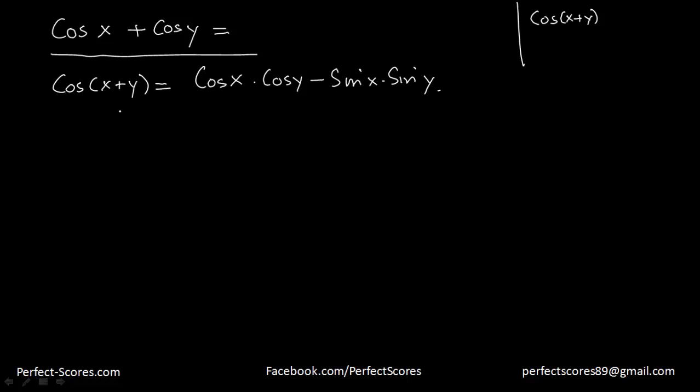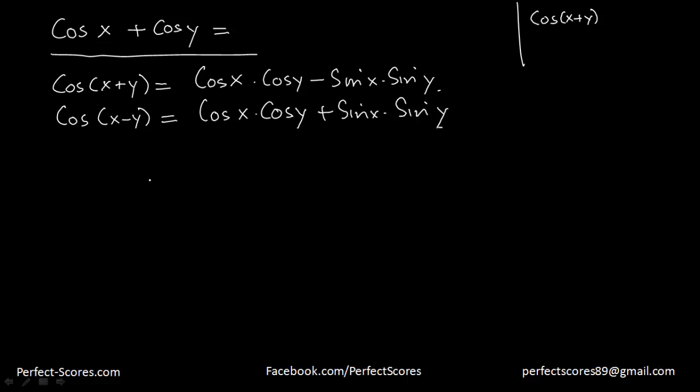Again, the next expression is that the value of cosine of x minus y is equal to cosine of x into cosine of y plus sine of x into sine of y. Now, if we want to find the sum and the difference of these, let's suppose we add both the equations up.